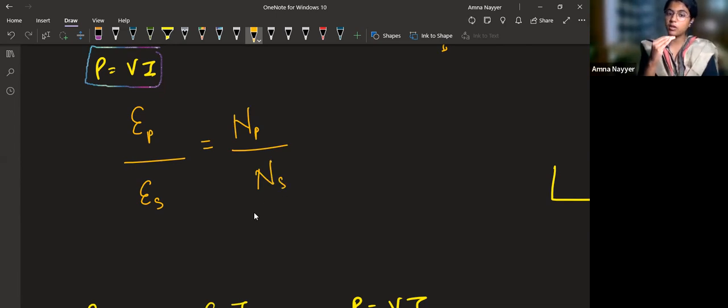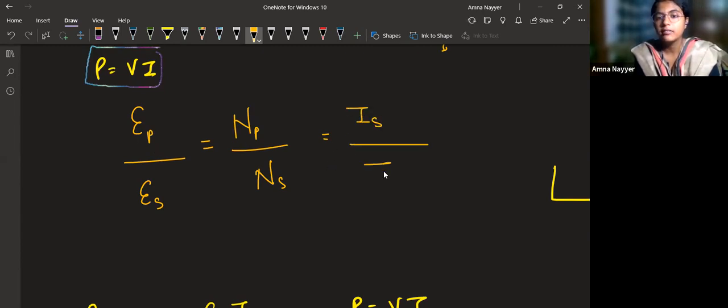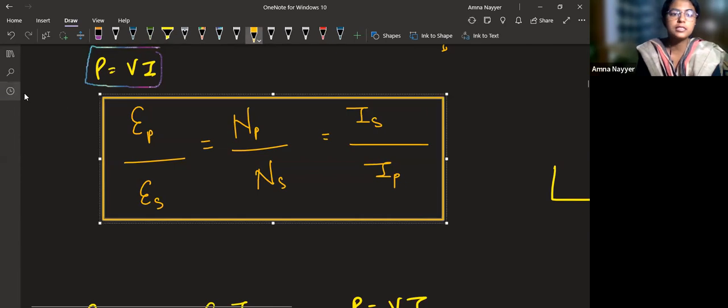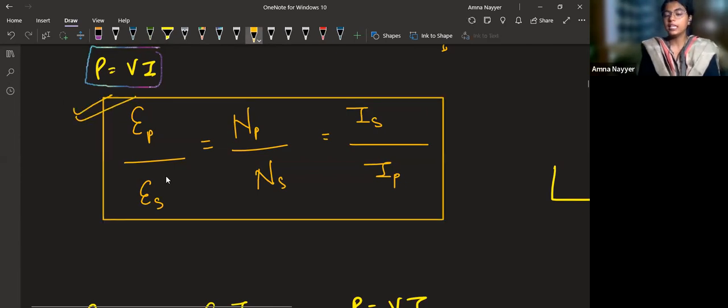This we have studied till now. Voltage is inversely proportional to current. So here, if this is P, this is P, it means IS will be here divided by IP. This is the formula for it. EP by ES is equal to NP by NS is equal to IS by IP.